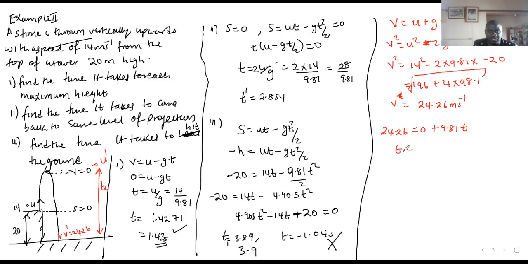So this time t prime is 24.26 divided by 9.81. What answer do you get? 2.47 seconds.